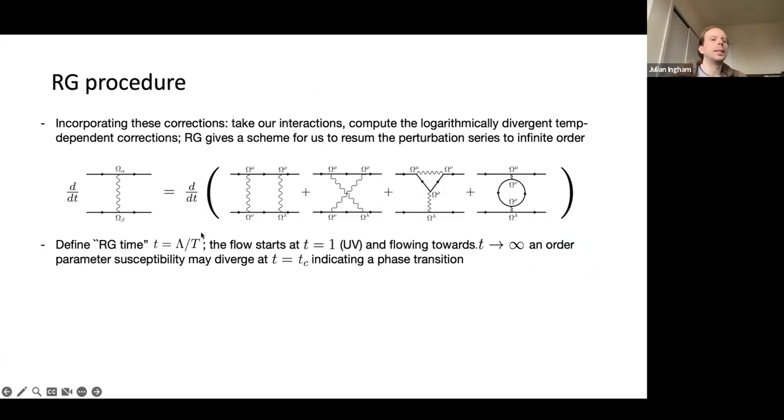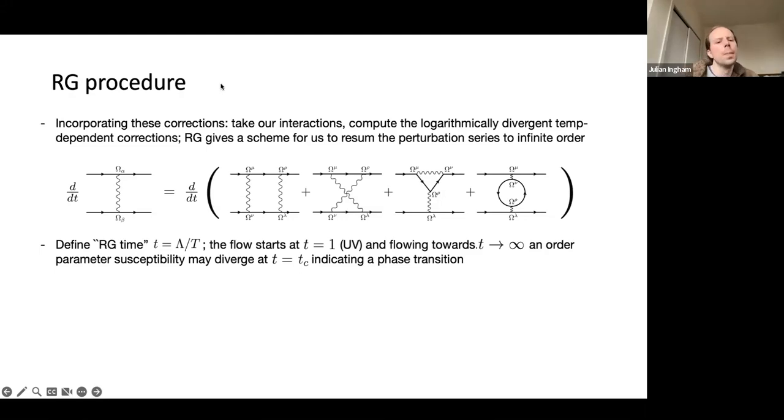So how do we systematically incorporate these logarithmically divergent corrections? Well, there's a controlled way to do this using the renormalization group. And what we have is a flow equation that describes the evolution of the effective couplings with temperature that one finds from resumming the appearance of these diagrams at all orders in perturbation theory.